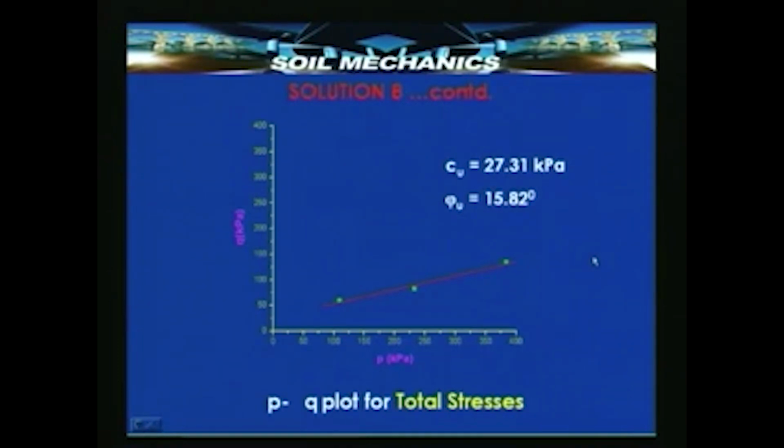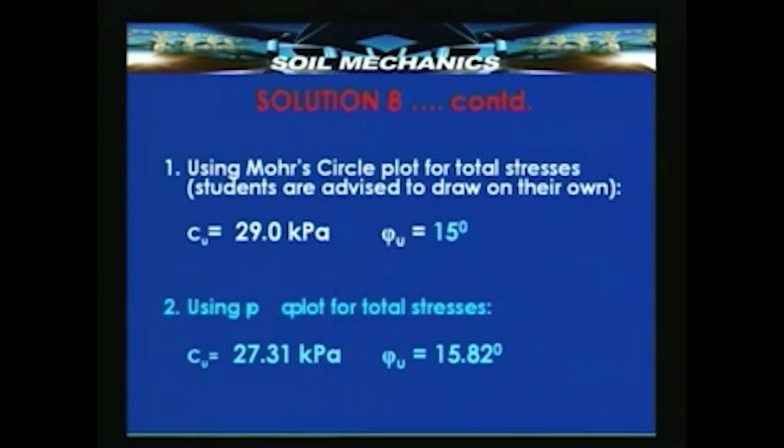This is the situation for total stresses, but since in this problem no pore pressures were known, we can only get total stresses and total stress parameters. Now, let us go further. If you plot the Mohr circle diagram, which is not shown here in the slide, you will find that you will get slightly different values of Cu and phi u compared to what we got for the PQ plot.